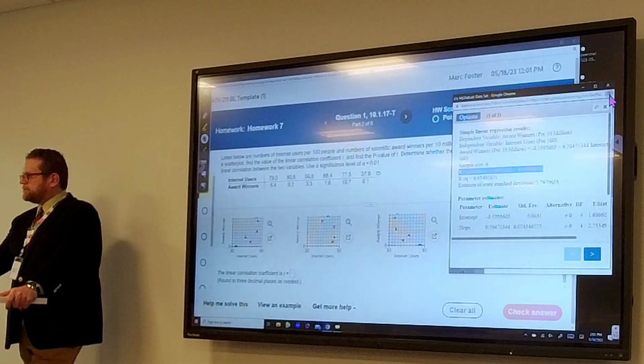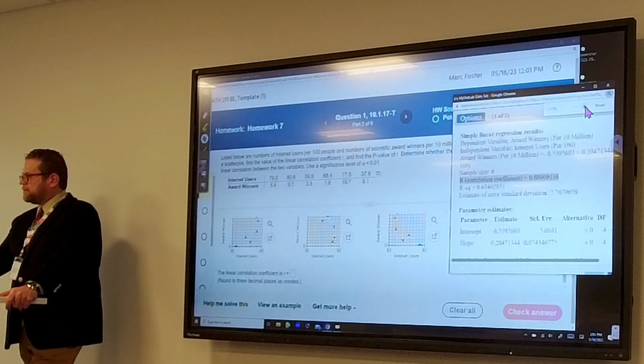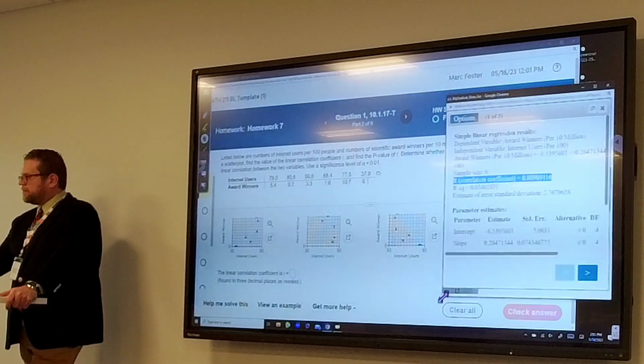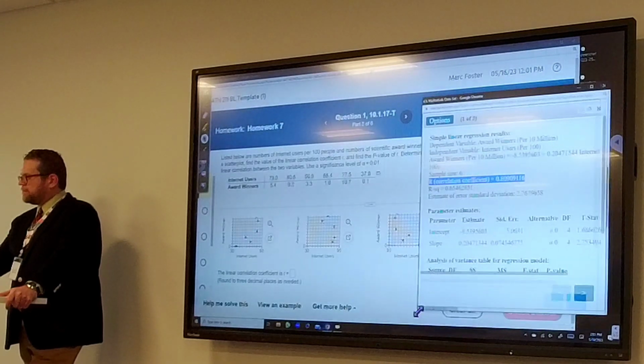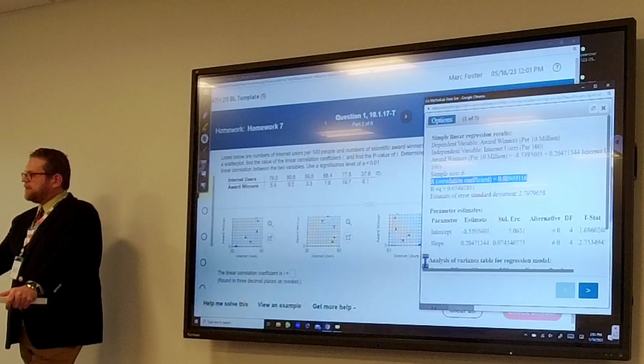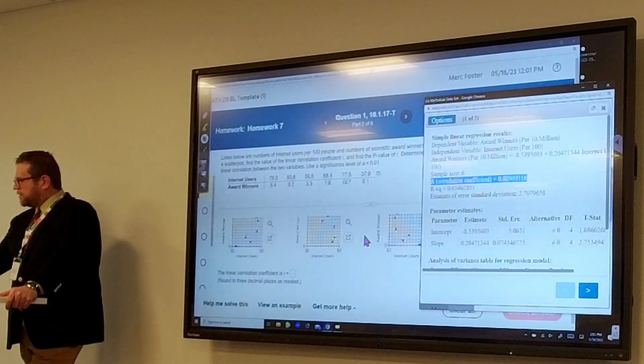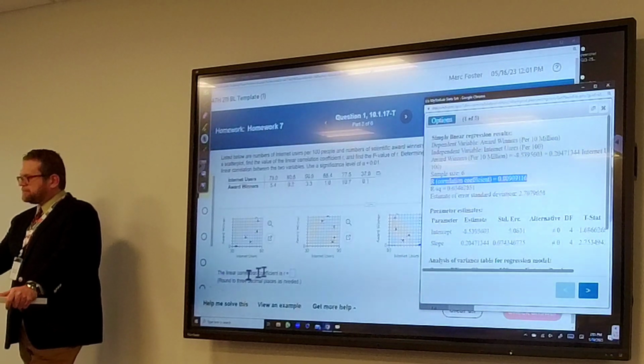Correlation coefficient. To 3 decimal places for me, 0.809.